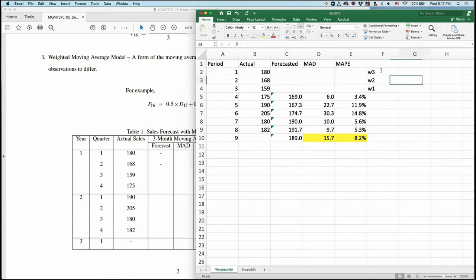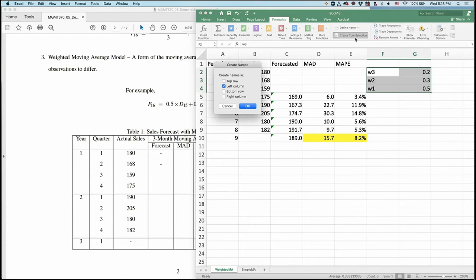For the most recent one we give more weight, and the second less, and then less. So we give a name here.